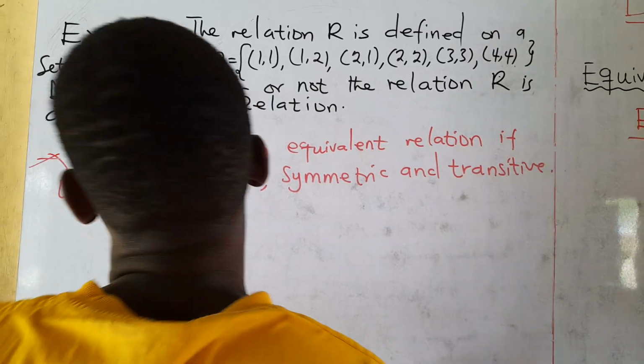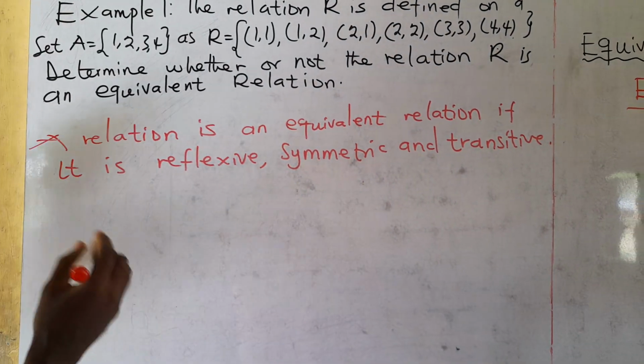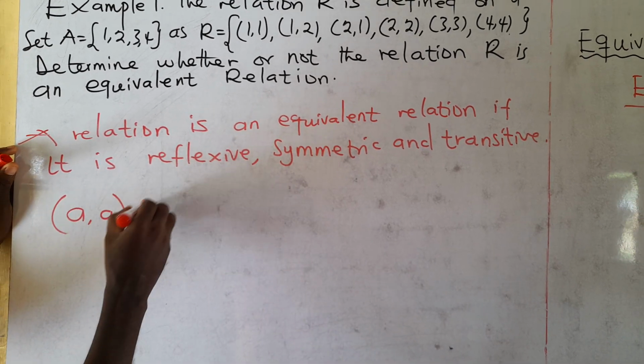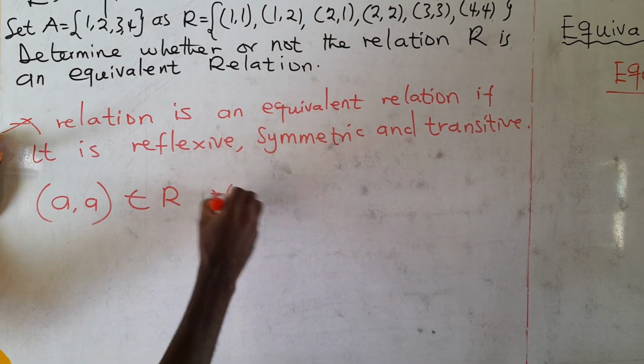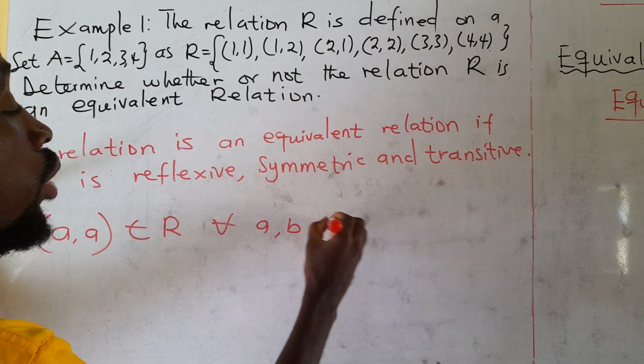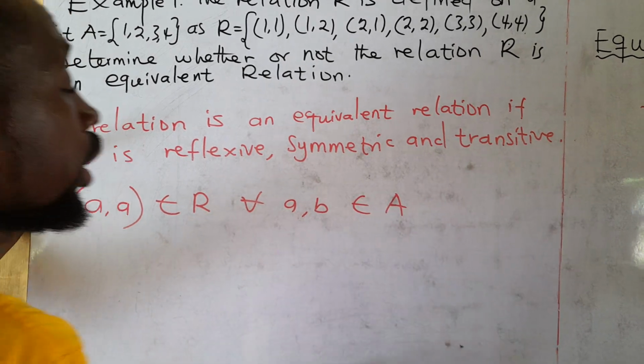I hope you get that. So when do we say a relation is reflexive? That's if (a,a) belongs to the relation for all a that is a member of the set A.